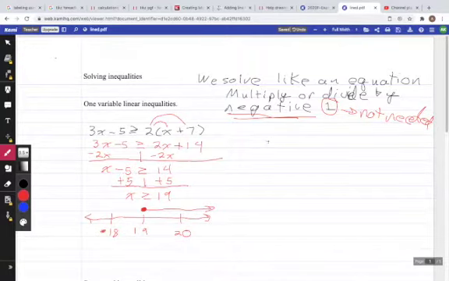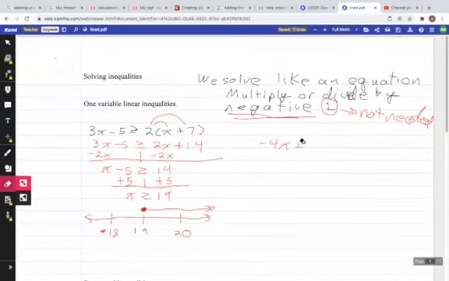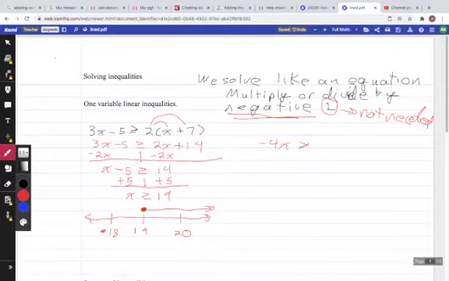So let's say we have -4x is, let's say, strictly greater than 12.